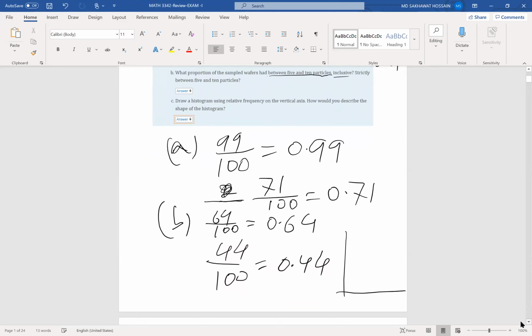You will calculate the relative frequency for each particle, and the vertical axis will be the proportion, and the horizontal axis will be, for example, particle 0, 1, 2, 3, and up to 14.